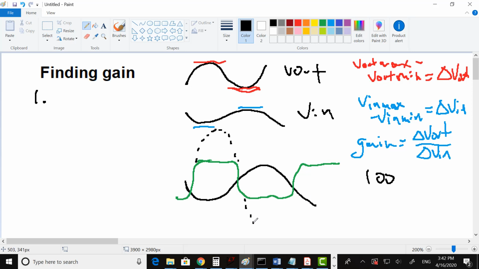But just because I don't have space, we'll say that's what it's trying to draw, but the output can't go higher than your supply voltage or lower than ground. So it gets cut off and it looks like a square wave. It's actually trying to draw this sine wave, but because it can't go above the supply voltage or below ground, you see these flat sections here.